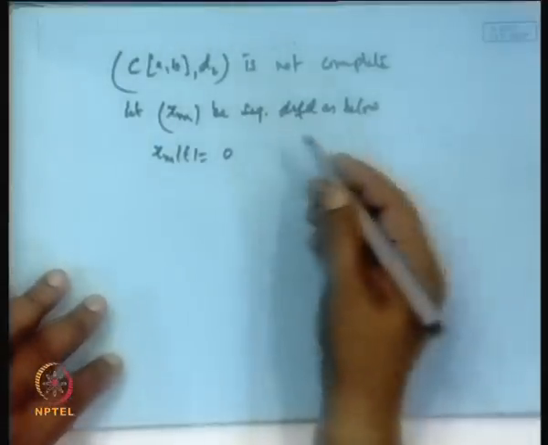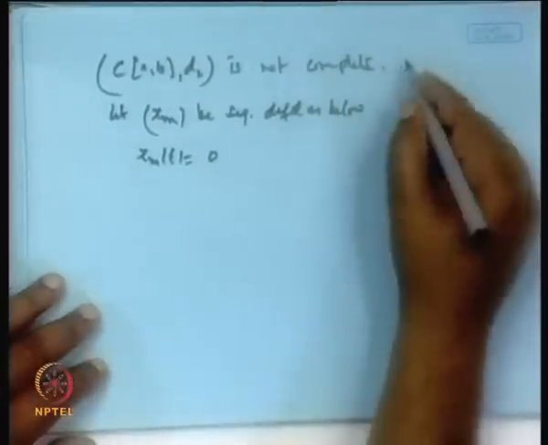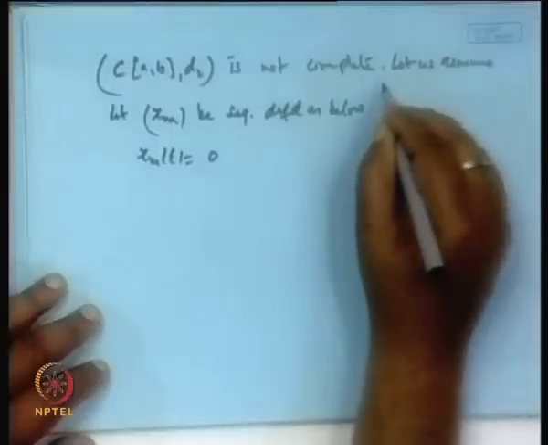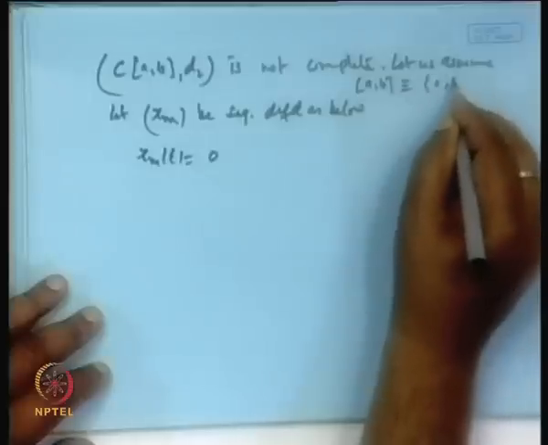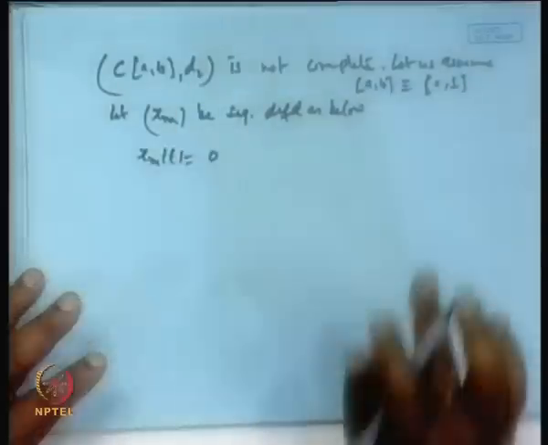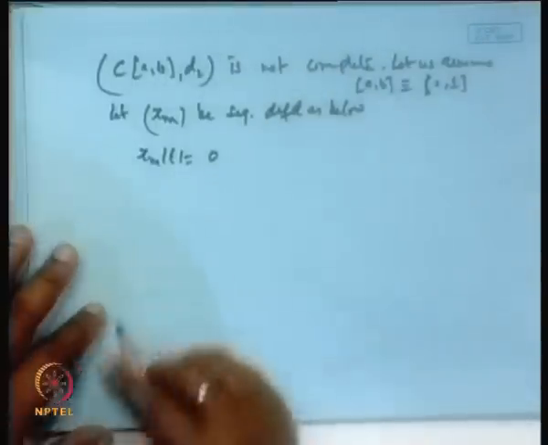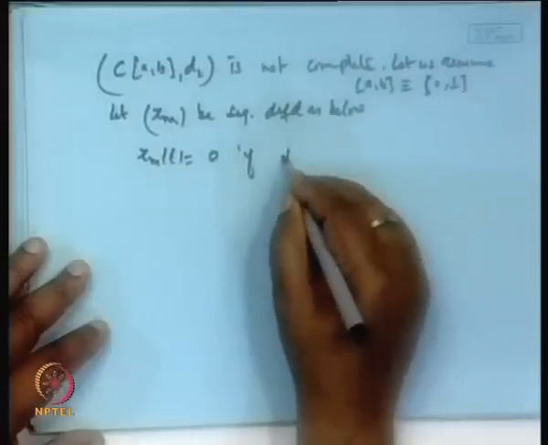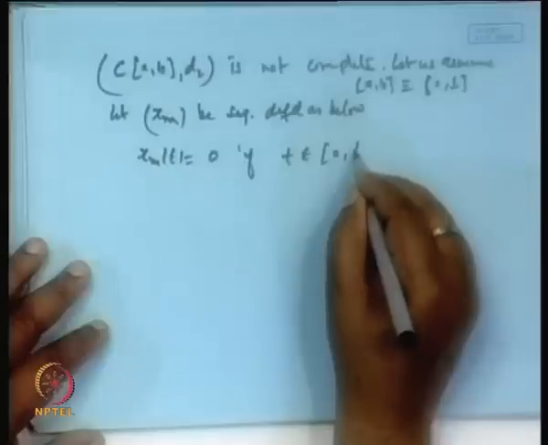Now, for the sake of proof, let us assume the interval [a,b] is identically [0,1]. Suppose I prove this result for [0,1], then it can be extended to [a,b]. So, let us introduce this as 0 if t belongs to the interval [0, 1/2].